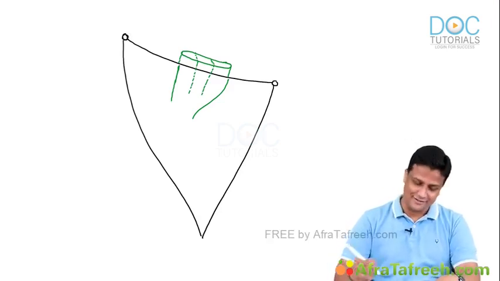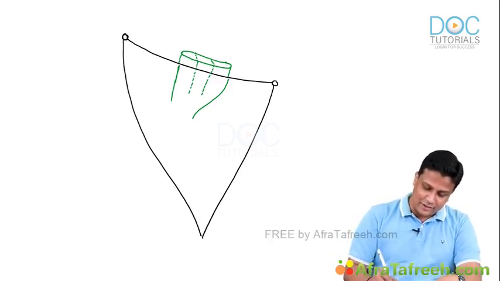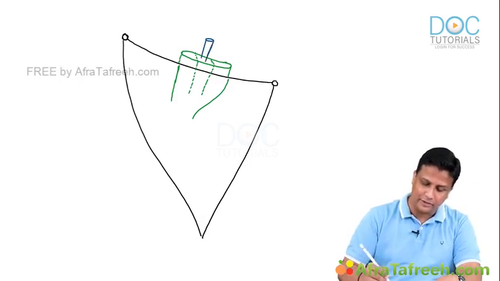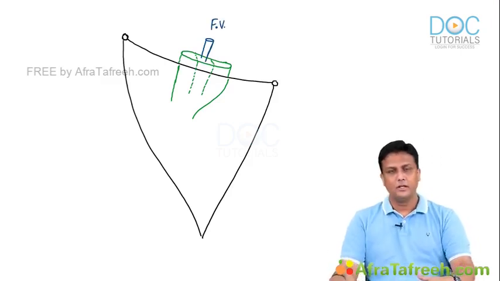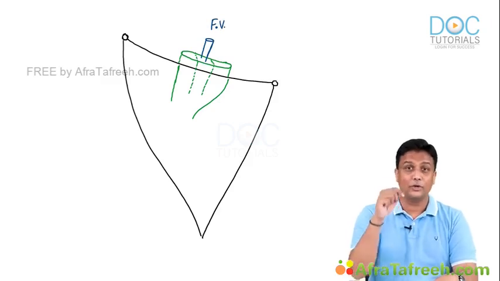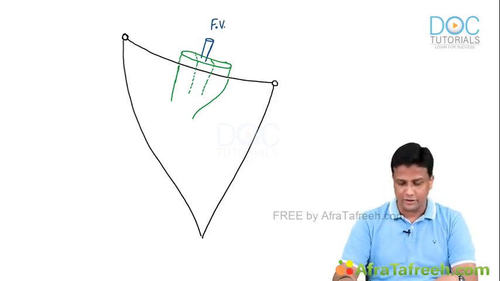That is important, guys. So now try to understand like this. Through the intermediate compartment, first of all, the femoral vein passes through. So the femoral vein is the one passing through the intermediate compartment of the femoral sheath.